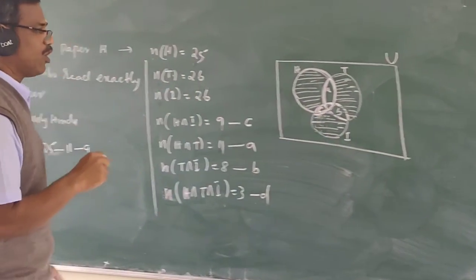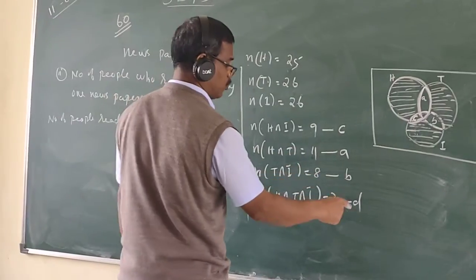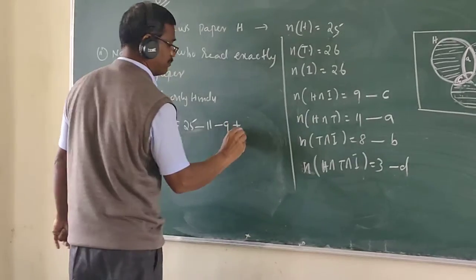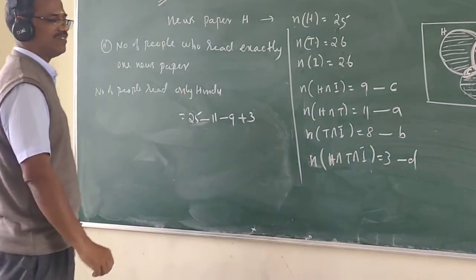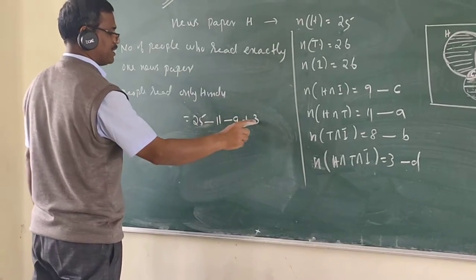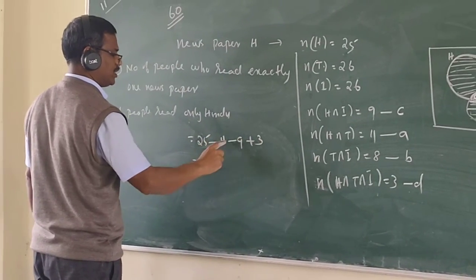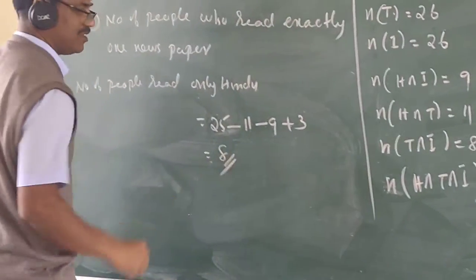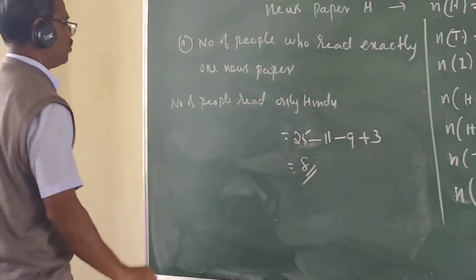So that gives the wrong answer. This D is removed two times, so one time you have to add it back. So you will get 25 plus 3, 28, 28 minus 20, 8. That is who reads Hindu only.